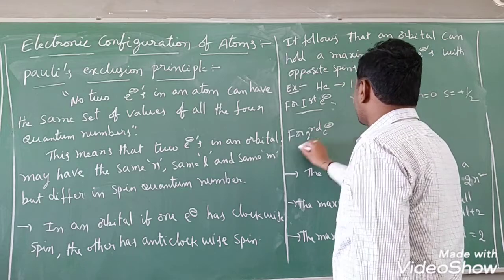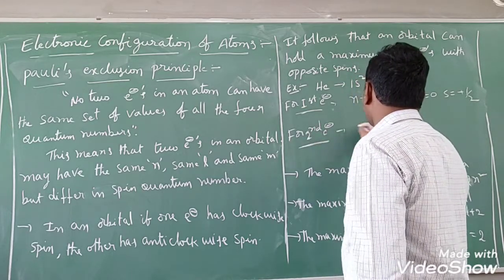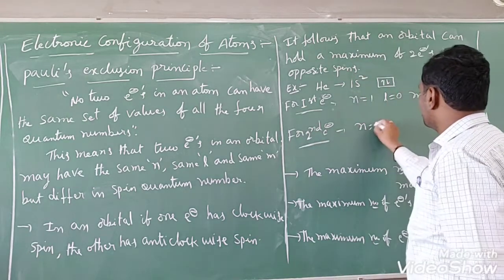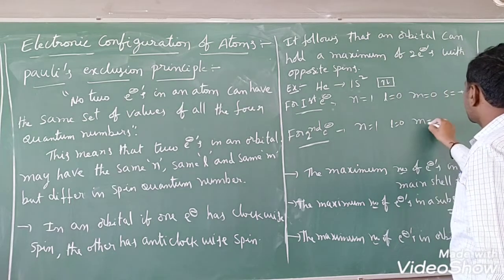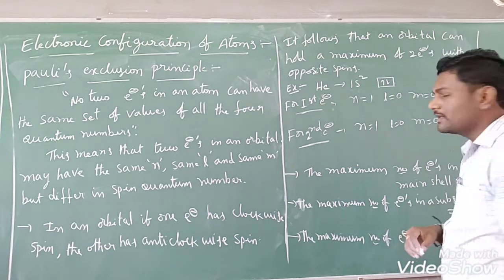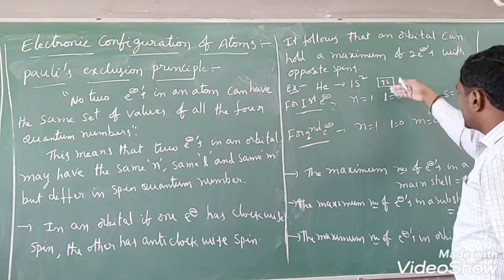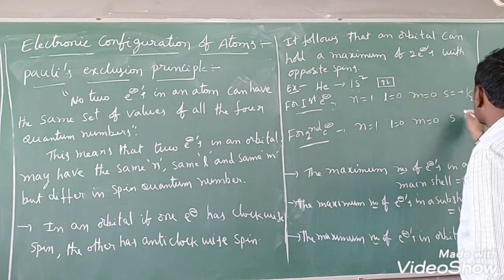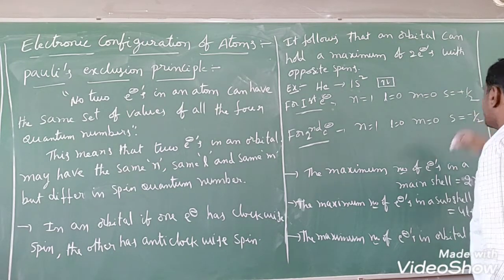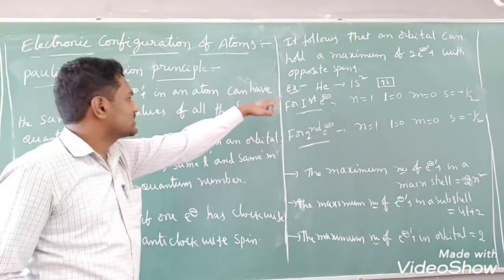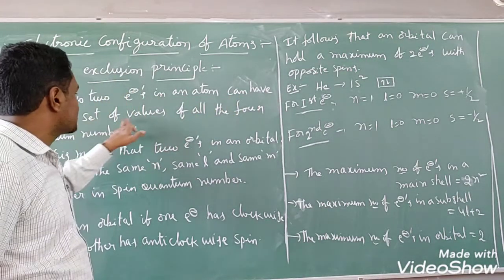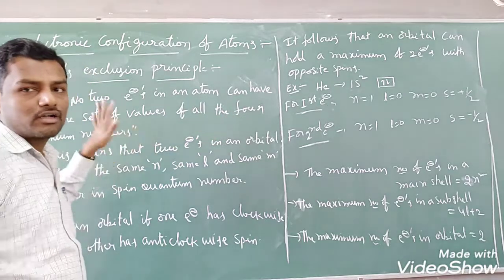For the second electron, the n value is the same, 1. l is also the same, 0, only for s subshell. l equals 0 means m value should compulsorily be 0. But the next electron should be in the opposite direction, so that's why the spin value should be minus half, students. See that no two electrons in an atom can have the same set of values of all the four quantum numbers.